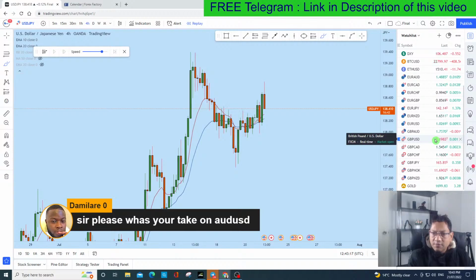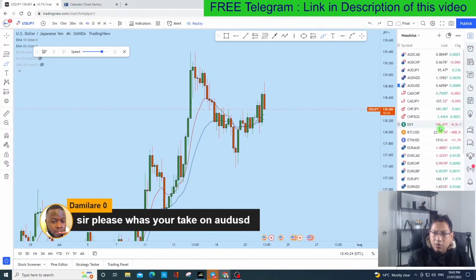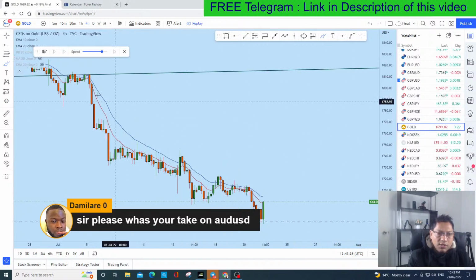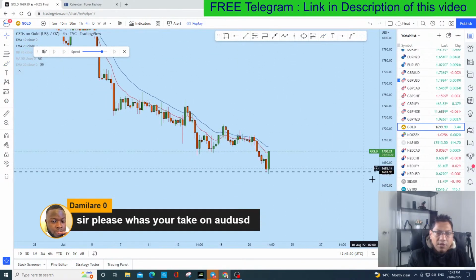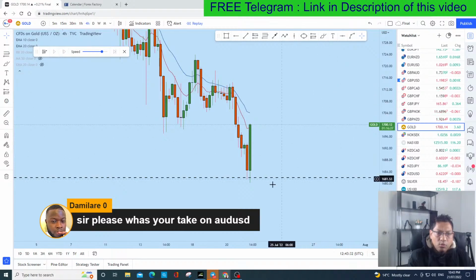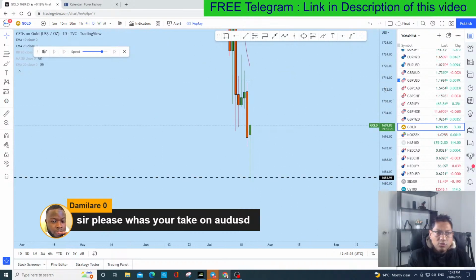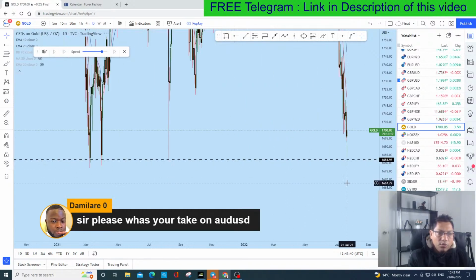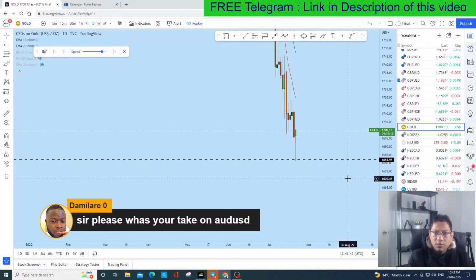As you see that euro has a movement, so all the pairs are now in a little bit of reversal mode, including the gold. So there is a big jump happening on the gold now. Looks like that we might see a movement in the gold after the euro change. So this is the bounce from the support on the monthly on gold.